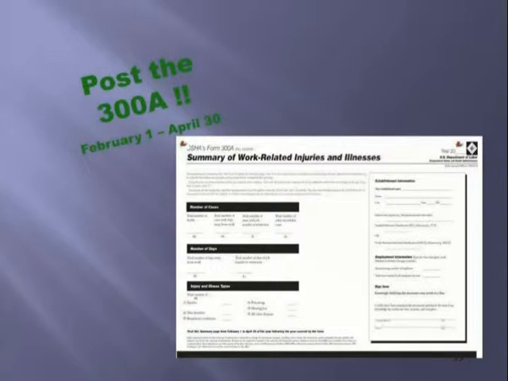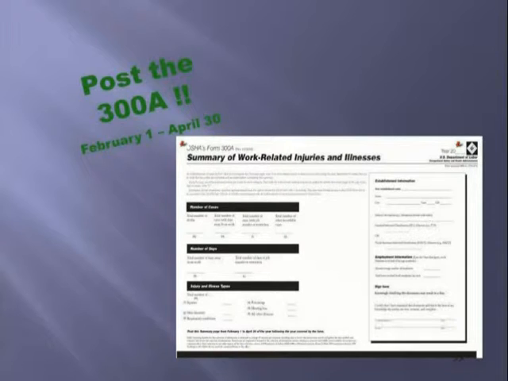If you have a multi-establishment business, it's only that specific establishment's OSHA 300A that you post. And as I mentioned, it must be posted at a location where all of your employees can see it, such as a break room or an official bulletin board somewhere.